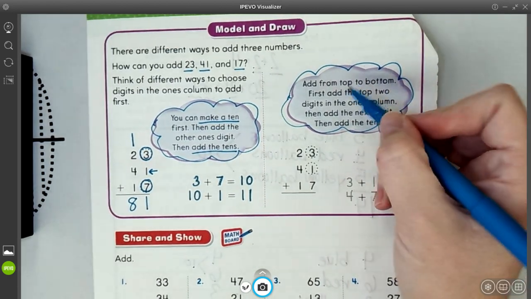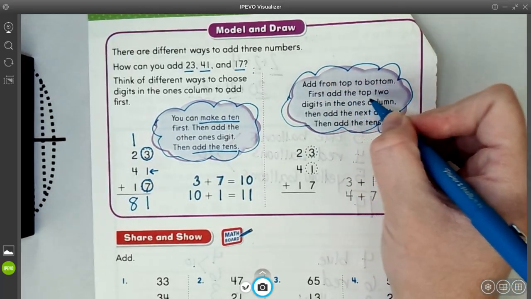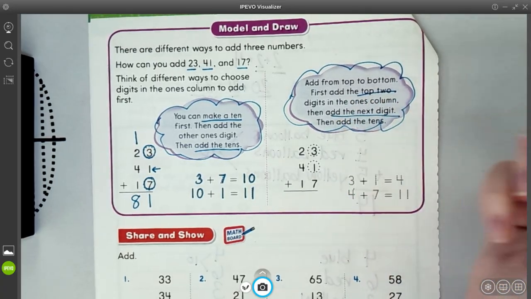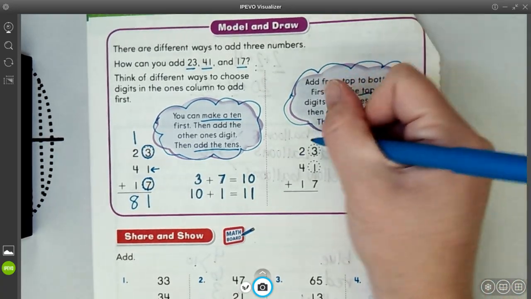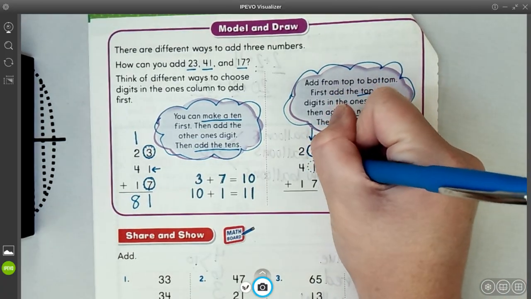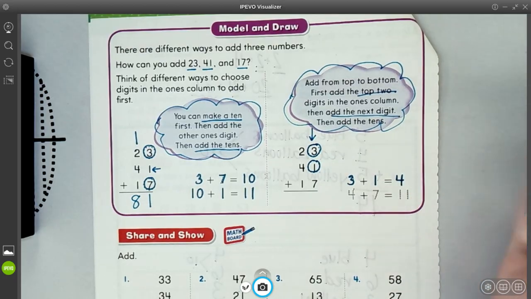Let's try over here. Add from top to bottom. First, add the top 2 digits in the ones column, then add the next digit. So instead of making a 10, they're just going to go straight down the ones column. So 3 and 1 would be first. 3 plus 1 equals 4.